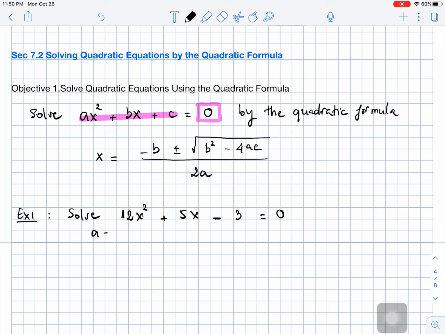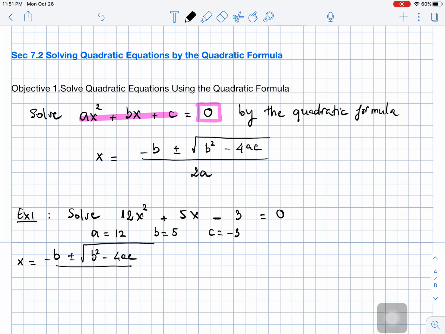Before we do that, keep in mind that the quadratic equation has to be in the form of ax squared plus bx plus c, with everything on one side and 0 on the other side. So for example 1, a is 12, b is 5, and c is negative 3.